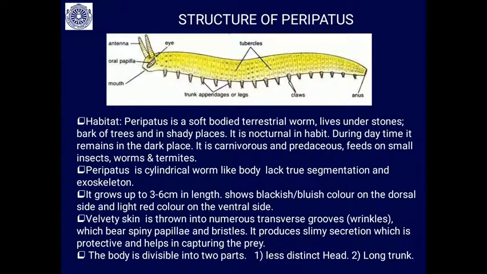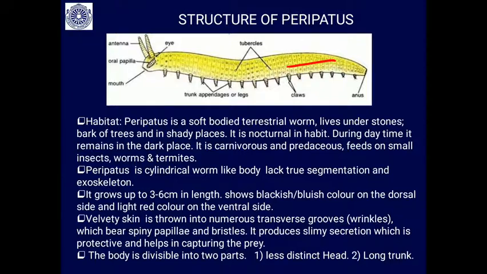It does not have a chitinous exoskeleton; it has soft velvety skin thrown into numerous transverse grooves or wrinkles, and it bears spiny papillae or bristles on the surface of the skin. It produces a slimy secretion which is protective and helps in capturing the prey.